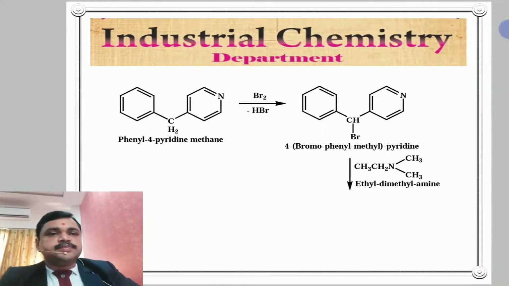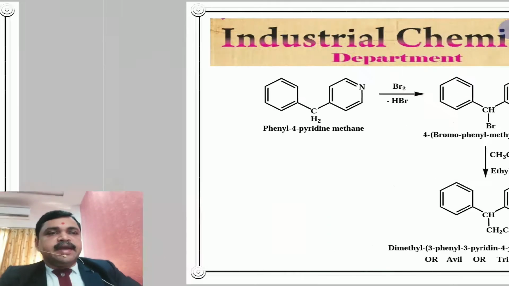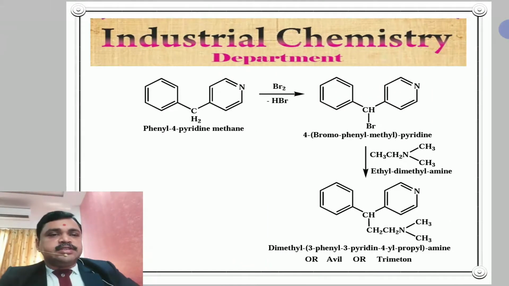Now this 4-bromophenyl pyridyl methane is reacted with ethyl dimethylamine. Here the structure stated is ethyl dimethylamine. And after completion of the reaction, we get Avil or Trimeton.